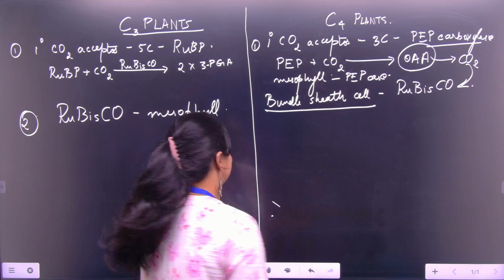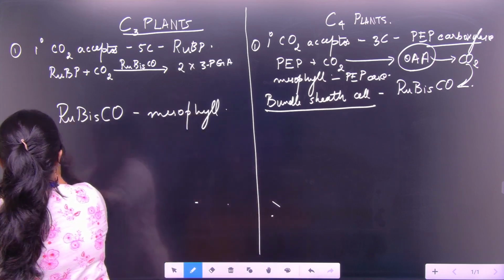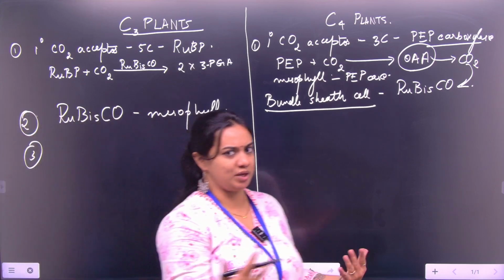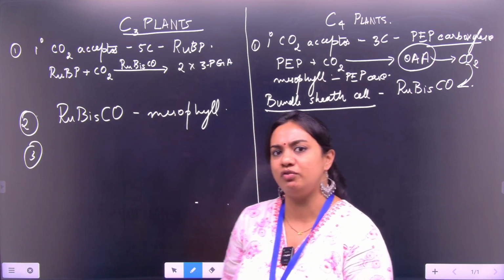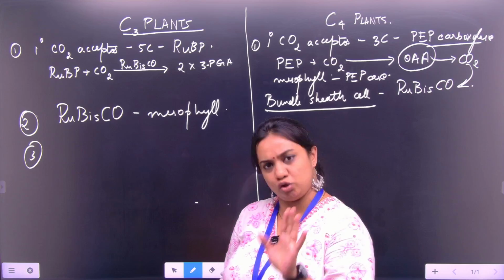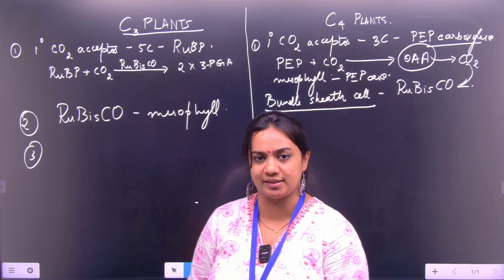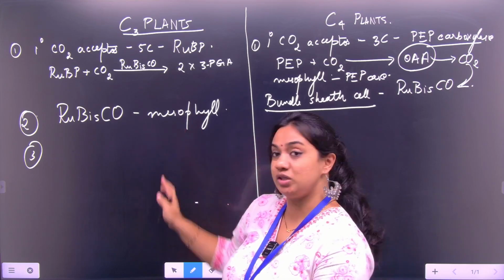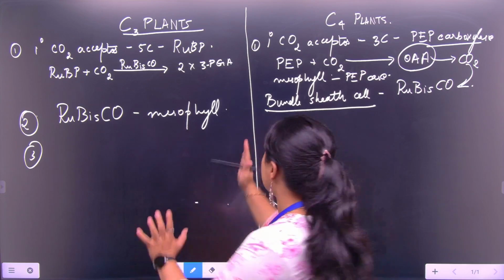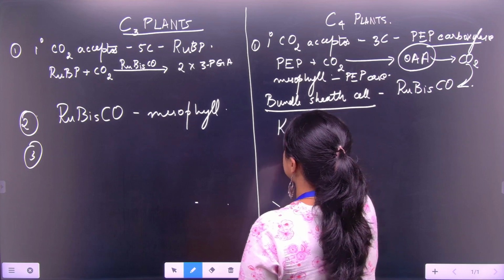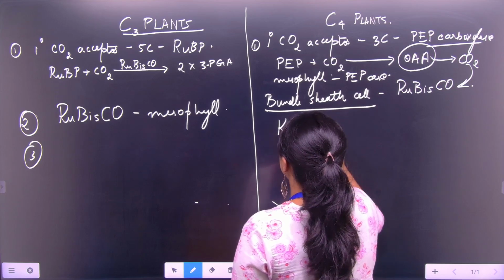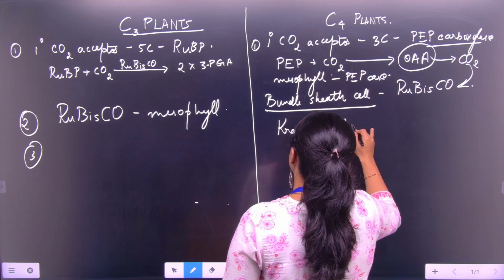This is one more difference. Okay, then with respect to anatomy, there is no special anatomy in case of C3 plants. It is just normal leaf anatomy with bundle sheath cells, but the carboxylation is not happening in bundle sheath cells, whereas in this case we see a special type of anatomy called Kranz anatomy.